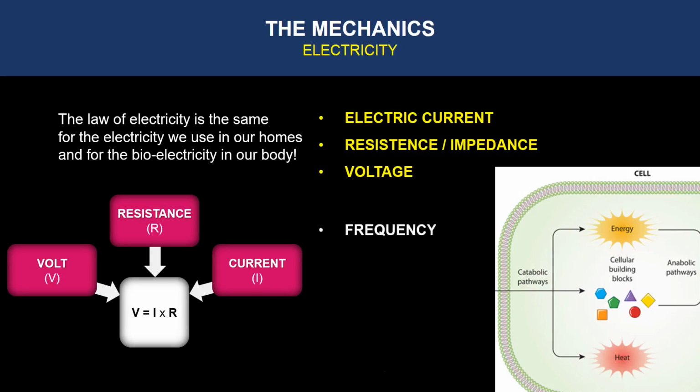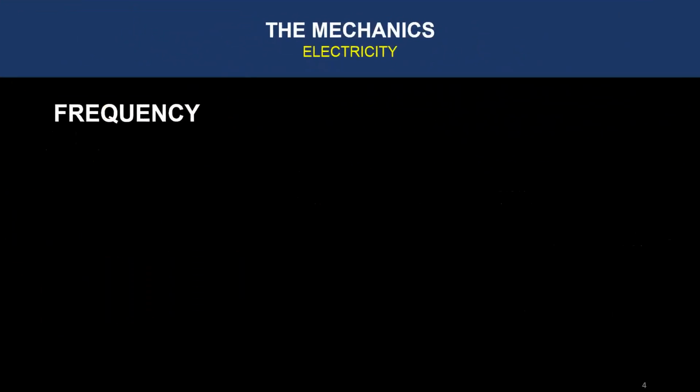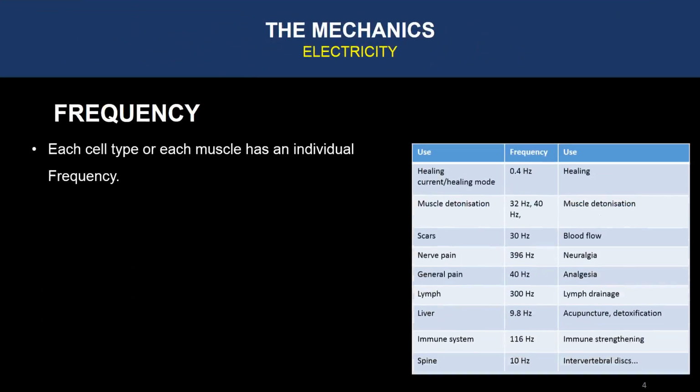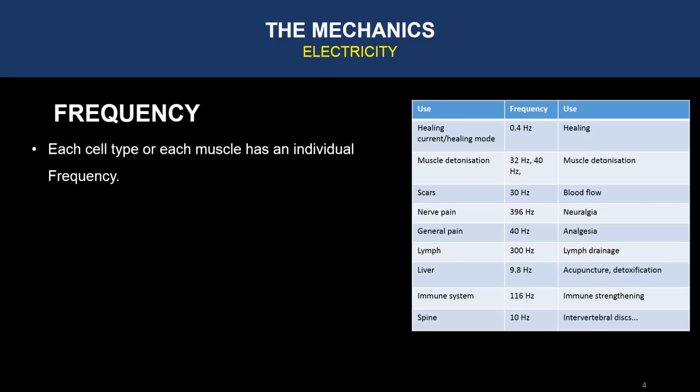Now, we also have to discuss frequency and polarity. Now we come to the next page. Frequency: each cell type or each muscle has an individual frequency. You can see some guides here; these are just sample figures. For example, for middle nerve pain the frequency is 396 Hertz, and for the liver it's 9.8 Hertz.